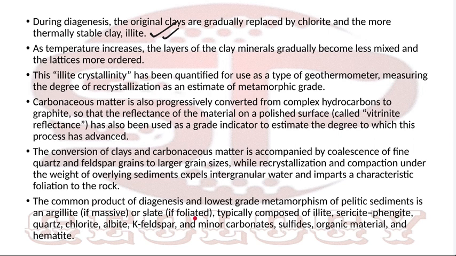When humus material undergoes the coalification process, vitrinite reflectance means how much light we incident on that surface and how much it reflects. So vitrinite reflectance shows the degree of coalification, how high the rank of the coal is. With a good vitrinite reflectance, the coal will be a very good coal.